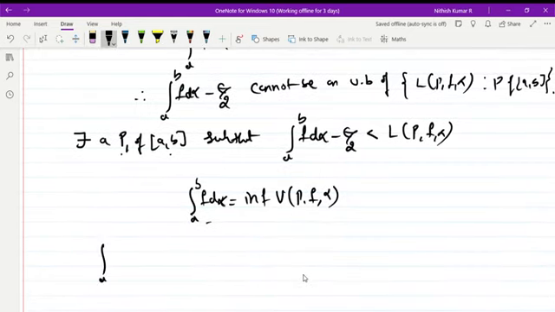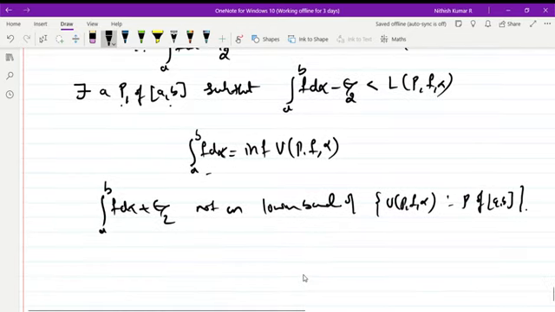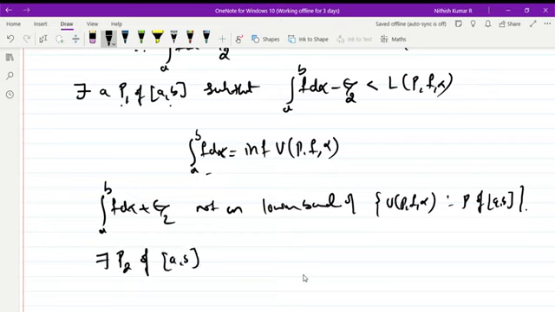Hence, if I take the integral from a to b of f d alpha plus epsilon by 2, then this is not a lower bound of the set of all U(P, f, alpha) such that P is a partition of [a, b].